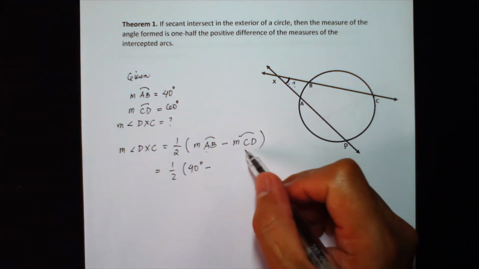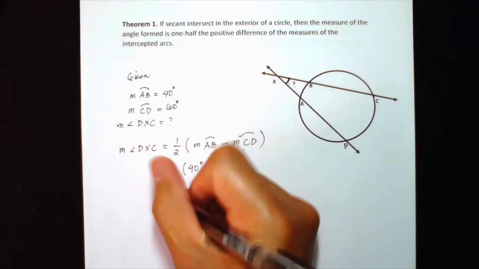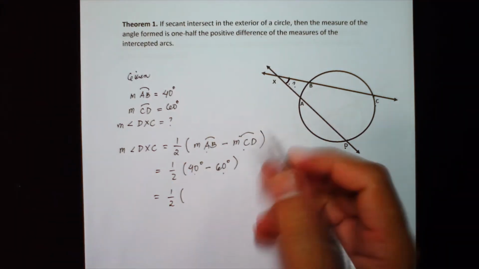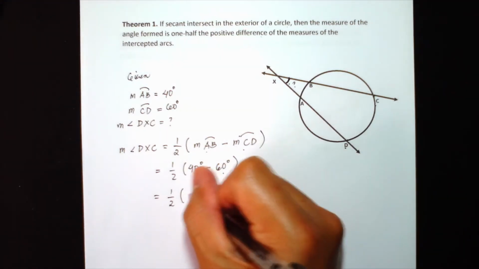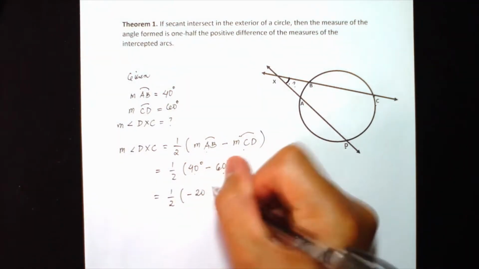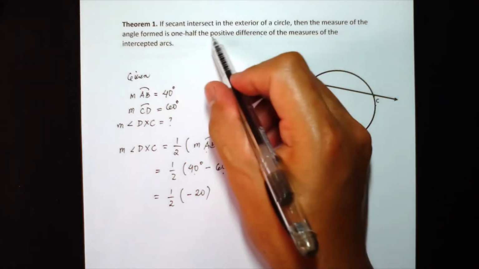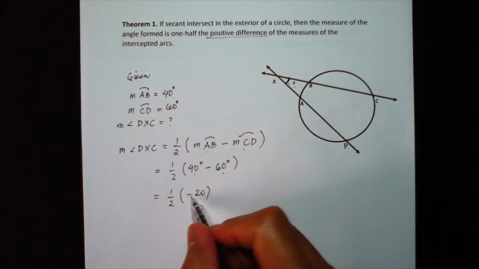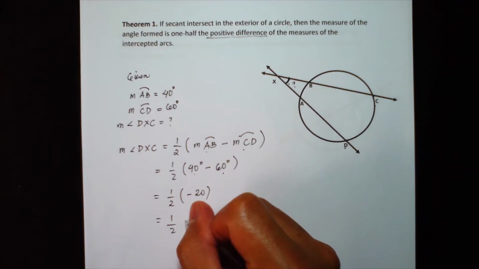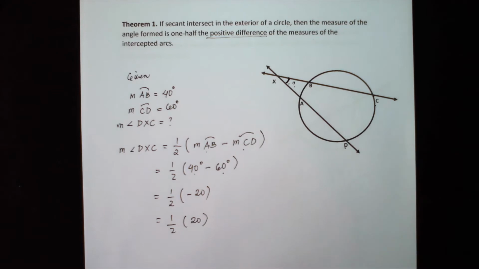the measurement of arc CD, which is 60 degrees. So we have 1/2 times 40 minus 60, that will be negative 20. Since it's talking about the positive difference, it turns to positive. That will be 1/2 multiplied by positive 20.